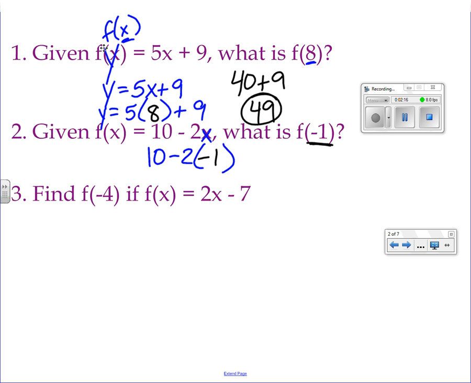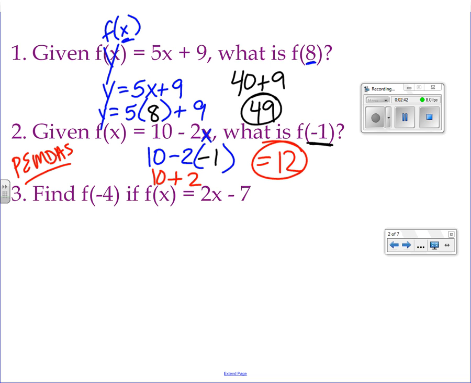Now remember, you have to do parentheses first for please excuse my dear Aunt Sally. So we're going to do negative 2 times negative 1. A negative times a negative is a positive, and 2 times 1 is 2. Drop down your 10. Now you need to add 10 plus 2, so that equals 12.